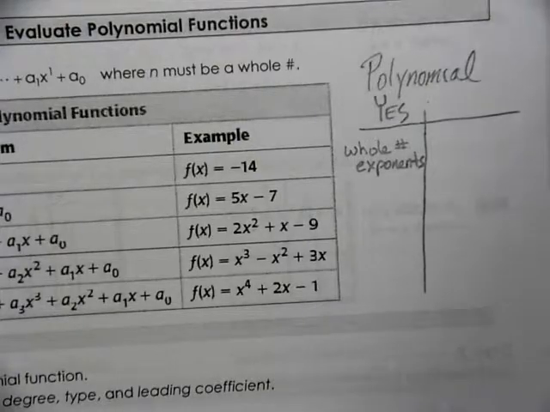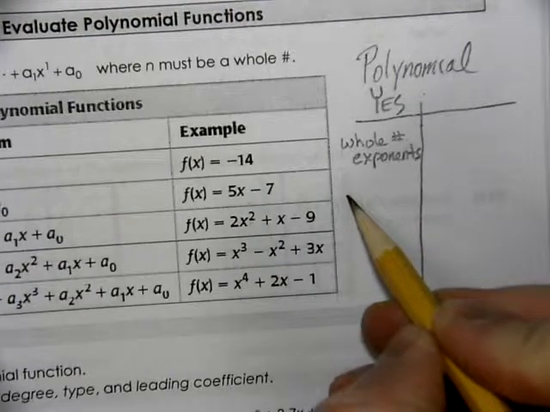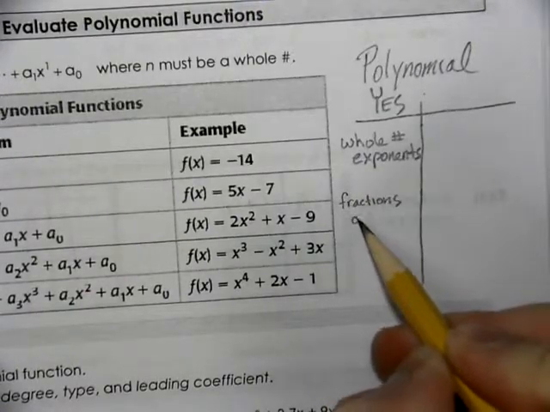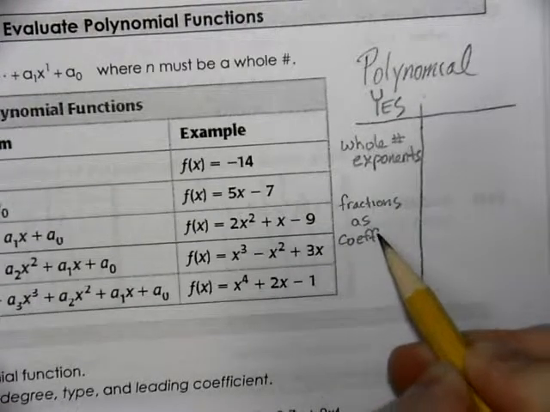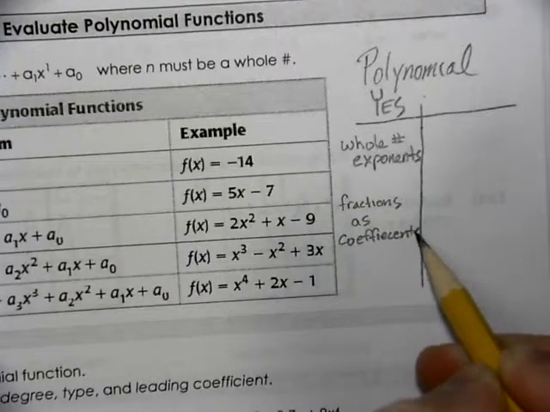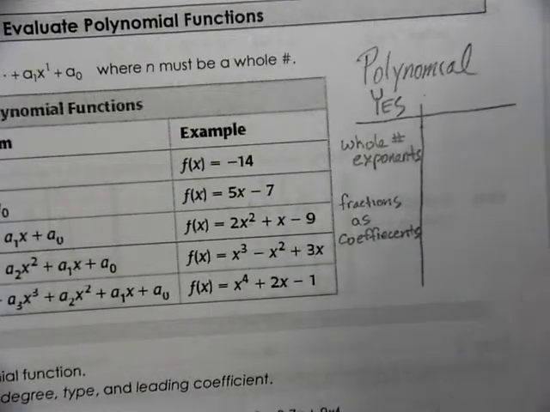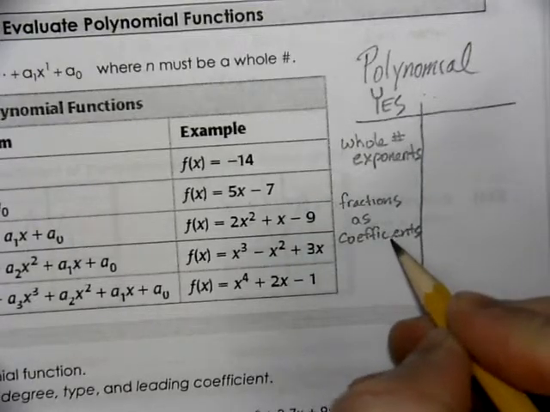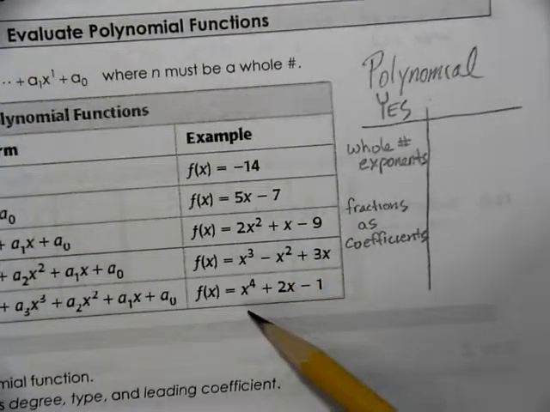Those are your whole numbers. Fractions as coefficients: you can have fractions in front of your x's. You can't have fractions as the exponent.